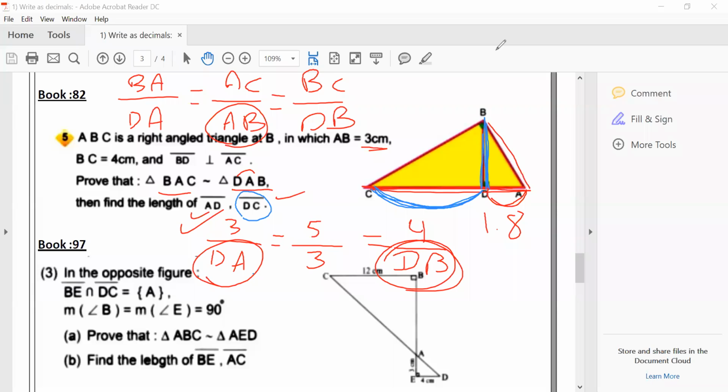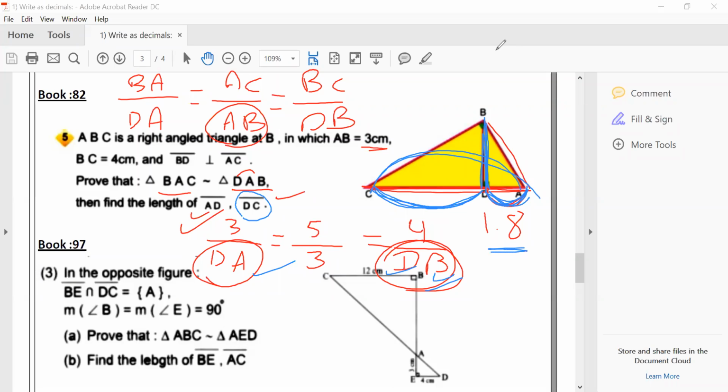I couldn't get it from the proportional sides, Yara. I got only AD from the proportional sides. But don't forget Pythagoras? Yes, I was about to say it's possible. Then we would get BD from this ratio, and I can get it by Pythagoras. But there is something else easier. I have AC as 5.